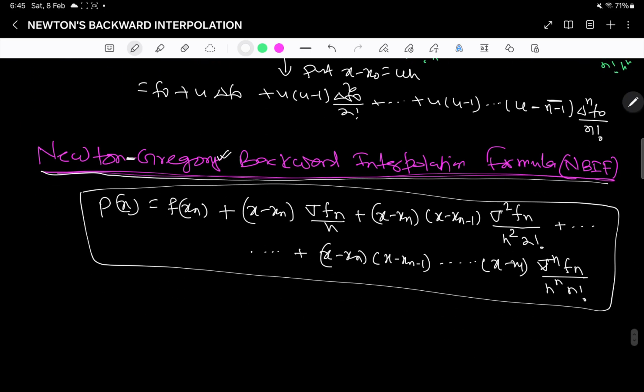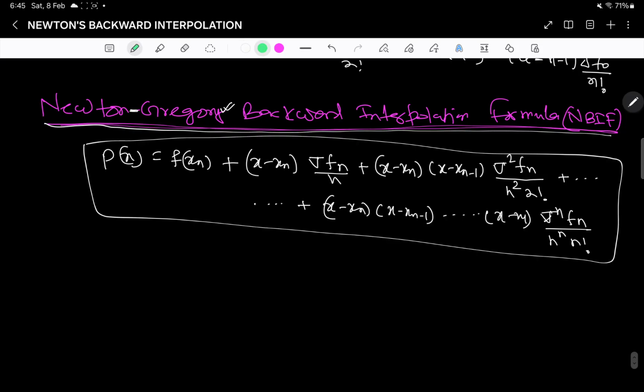So accordingly here we will put x minus xn equal to u h, or this implies (x minus xn) by h is equal to u.